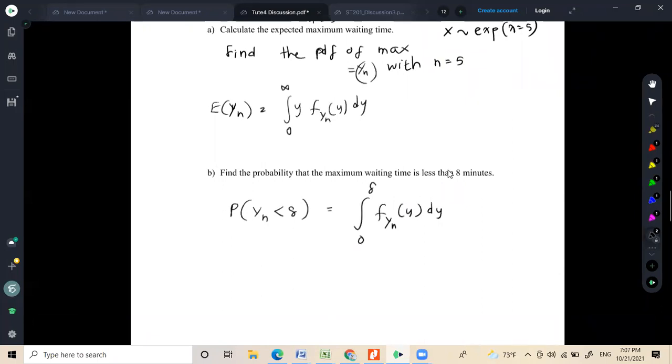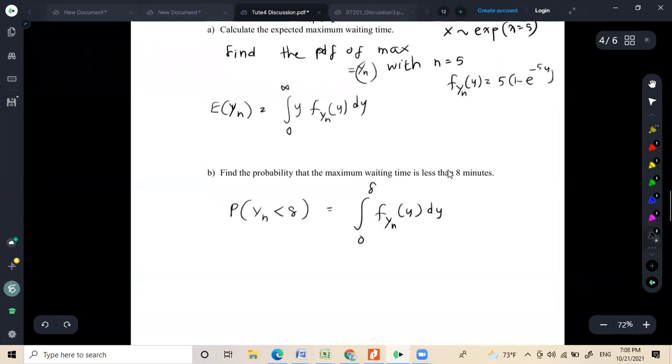If you find the PDF of the max, it will be 5 times (1 minus e to the negative 5y) to the power 4 times 5 e to the negative 5y. I don't have enough space. This is the PDF of the max. Use it here. If you do that, you'll end up with 25 times the integral from 0 up to infinity of y times e to the negative 5y.